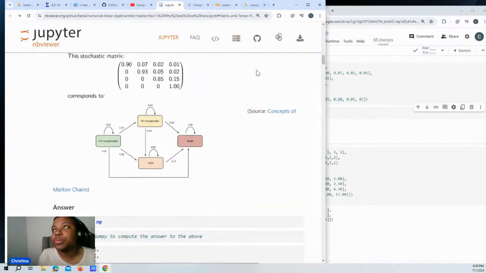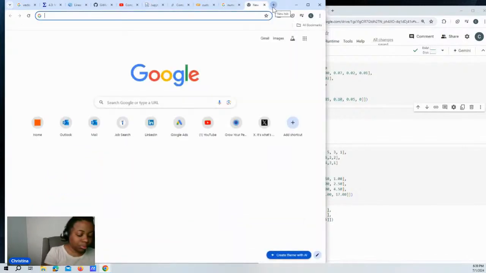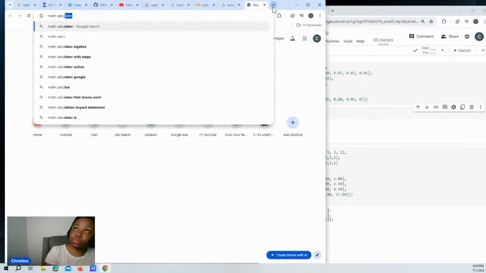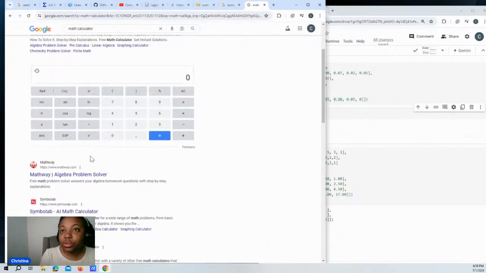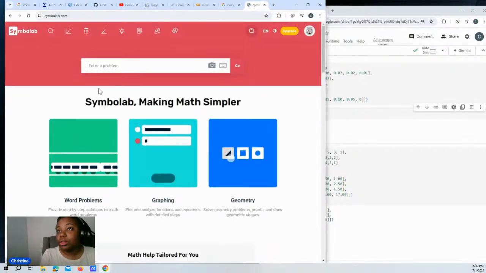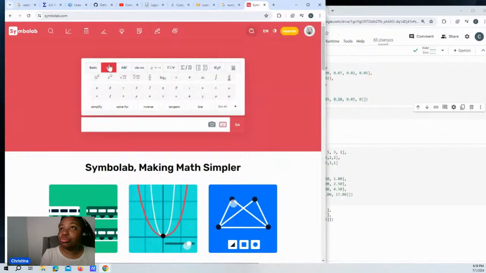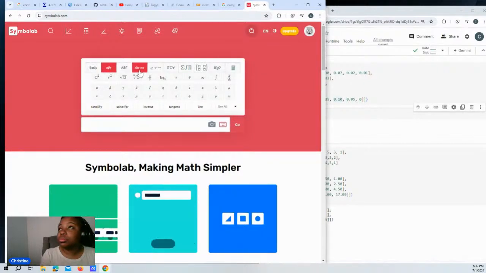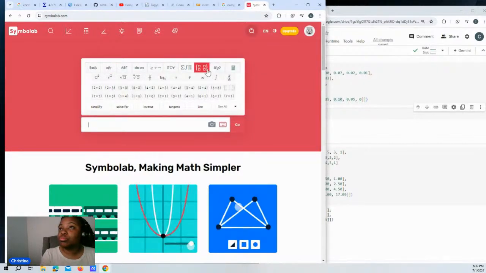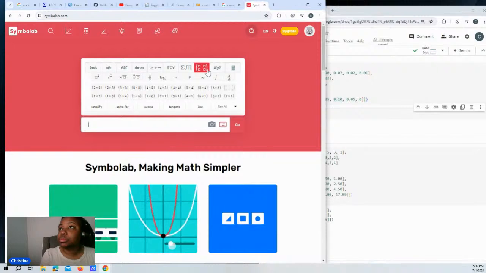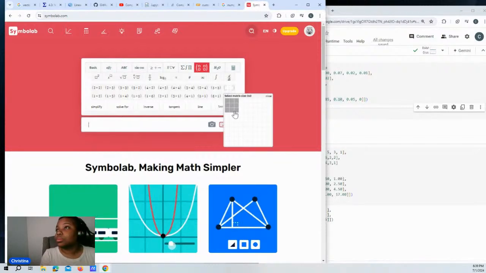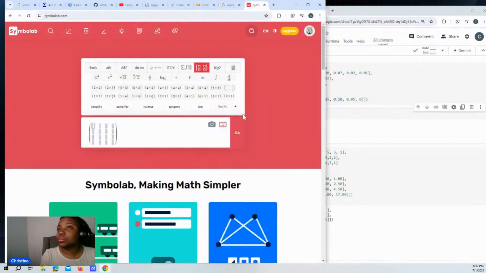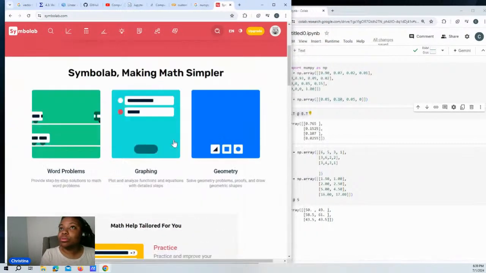You know, I wonder if, I forget we have these tools now. Yeah, we have tools now.